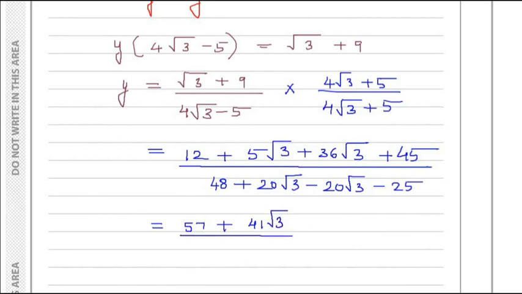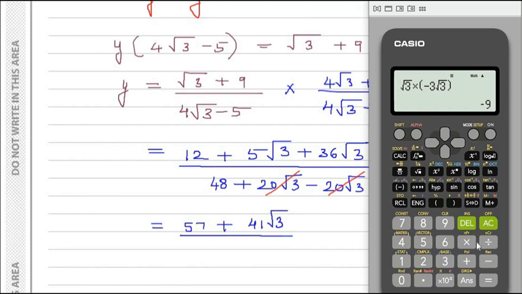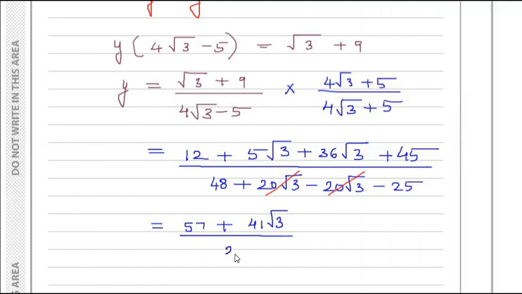Now in the denominator, we can see that plus 20√3 and minus 20√3 get cancelled. So we are left with 48 minus 25, which is 23. Now this is the most simplified form, and we cannot simplify it further.